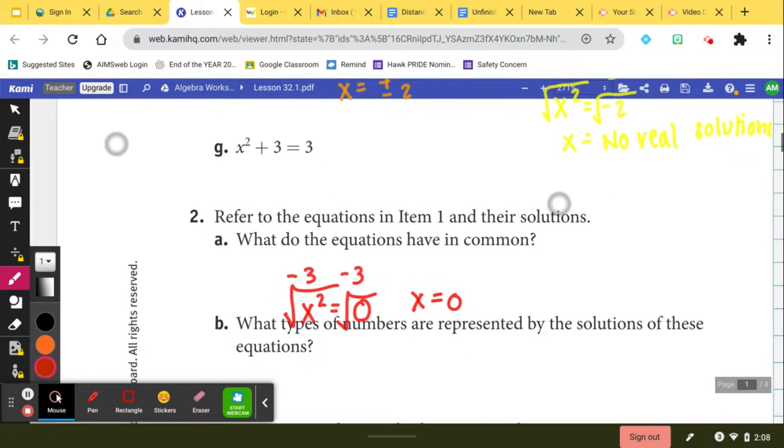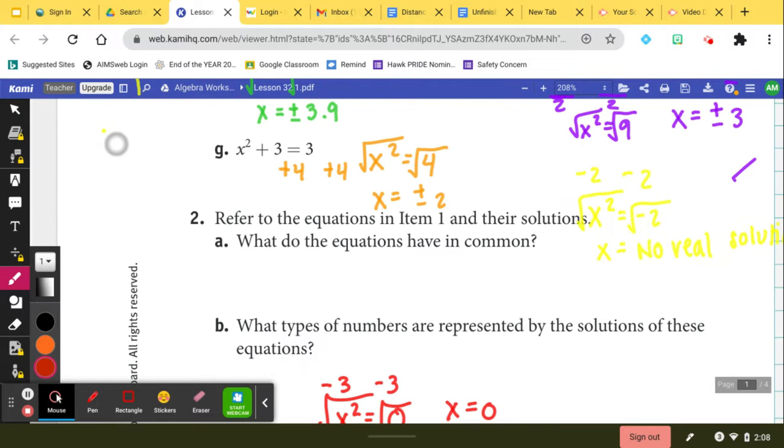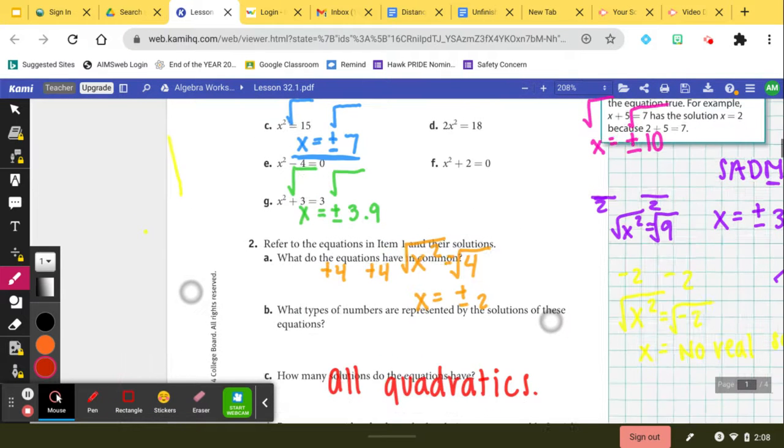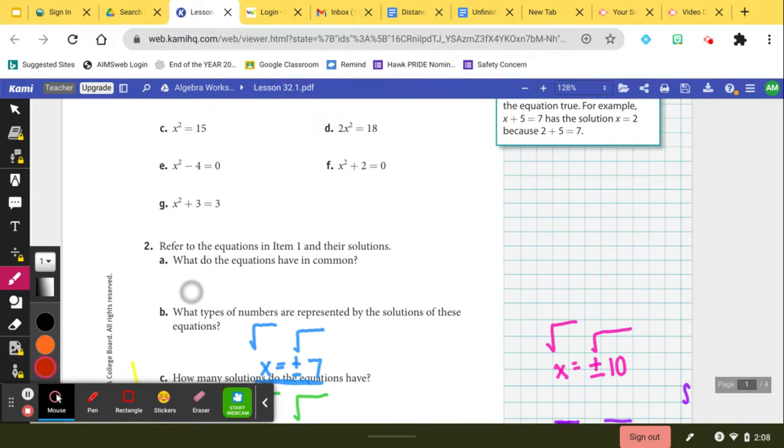So it says refer to the equations in item 1 and their solutions. What do the equations have in common? Well, all of those equations had an x squared, so they're all quadratics. And B says, what type of numbers are represented by the solutions of these equations?